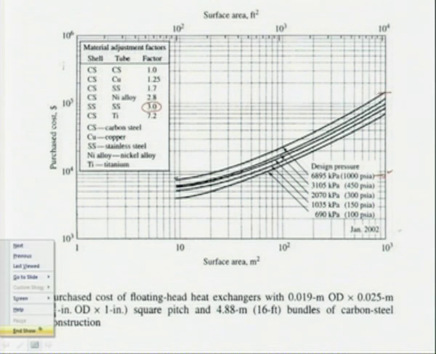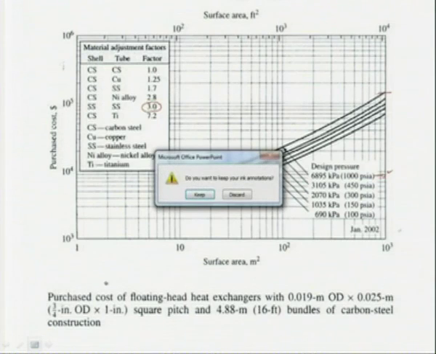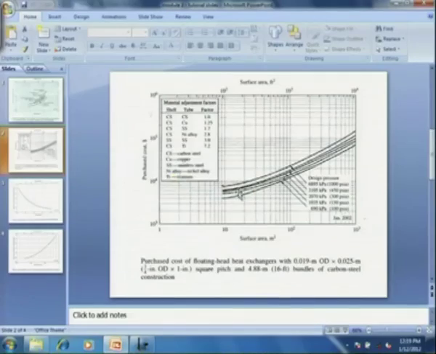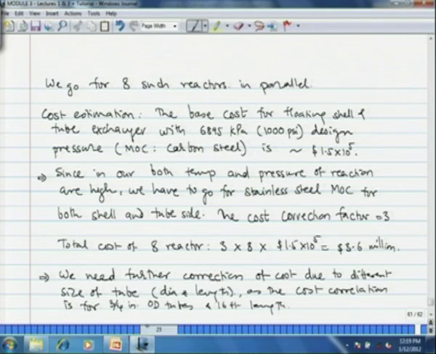Furthermore, we have to apply a correction factor for the diameter as well as length, but that we shall see later. So, the total cost of 8 reactors after correction for material of construction will be 3 into 8 into $150,000, so something like $3.6 million.